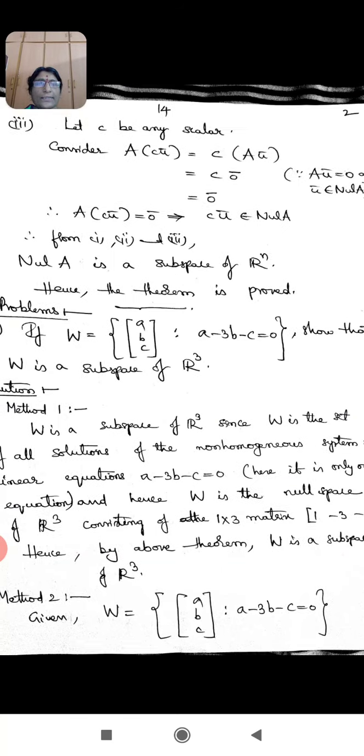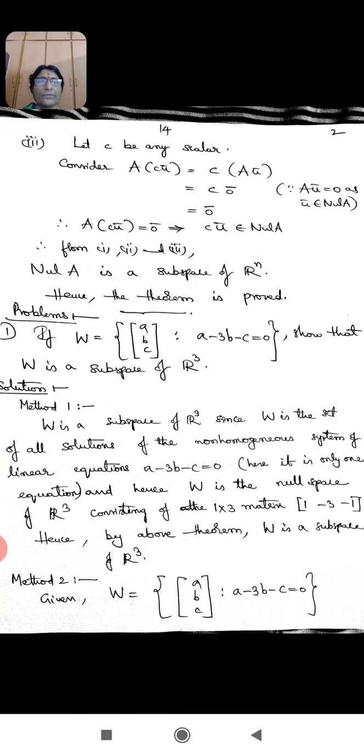Hence we can say that W consists of all the 3 by 1 column vectors satisfying the equation A minus 3B minus C is equal to 0, and hence W is a subset of R3.